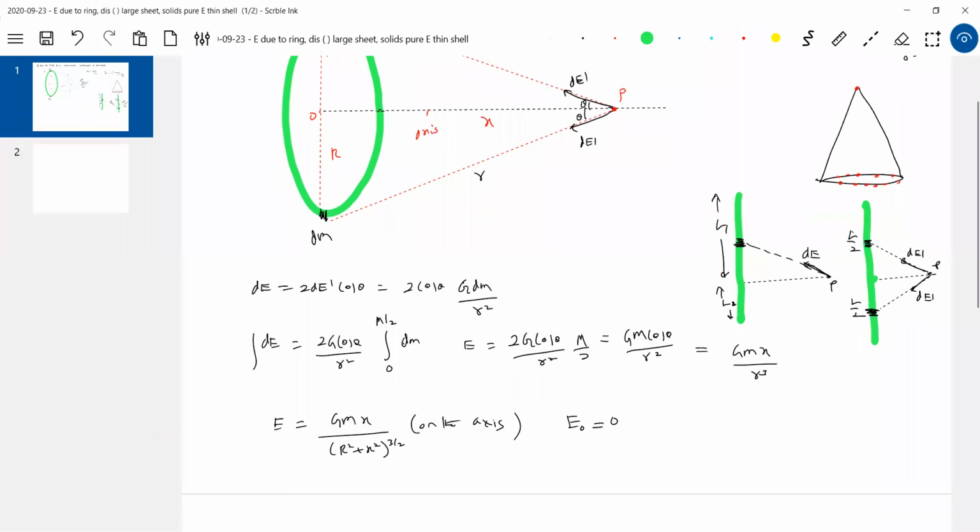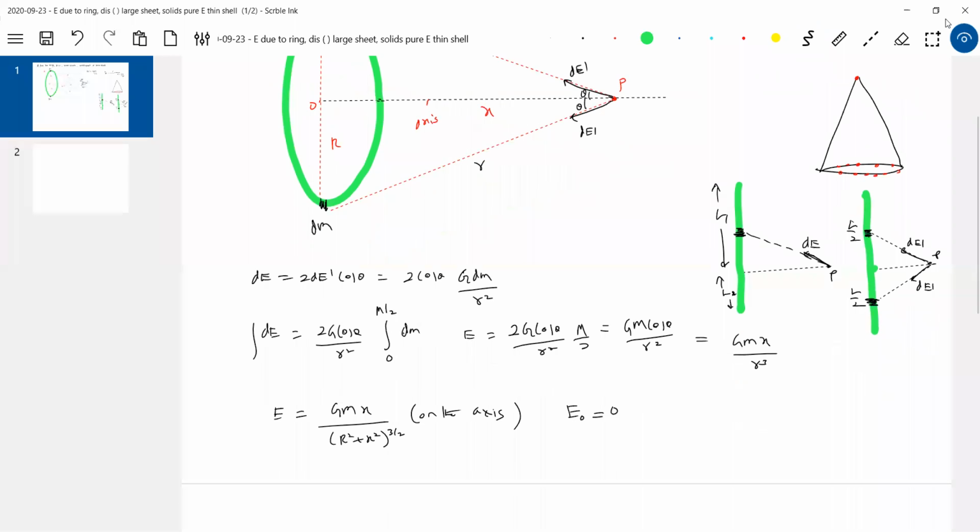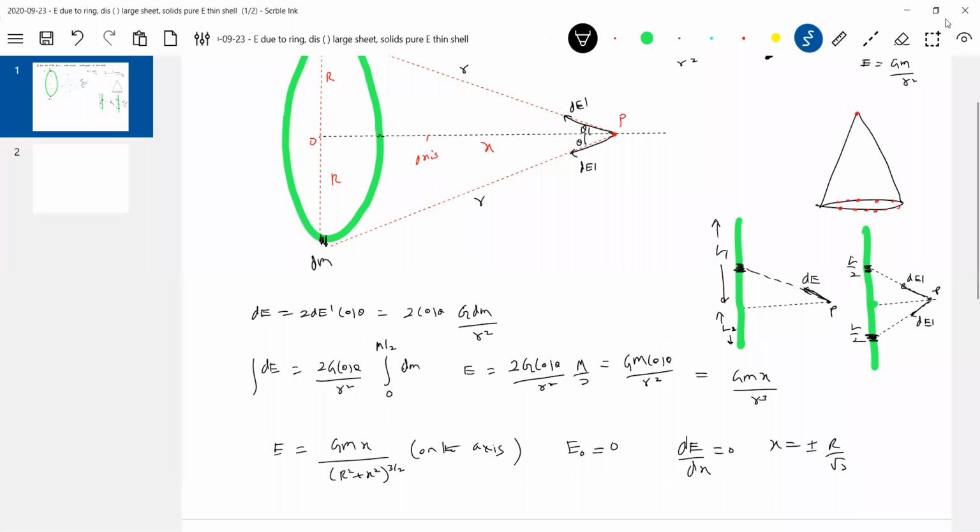If I differentiate this, dE by dx, after differentiating and equating to 0, I'll get x equal to plus or minus r by root 2, on either side of the ring on the axis.